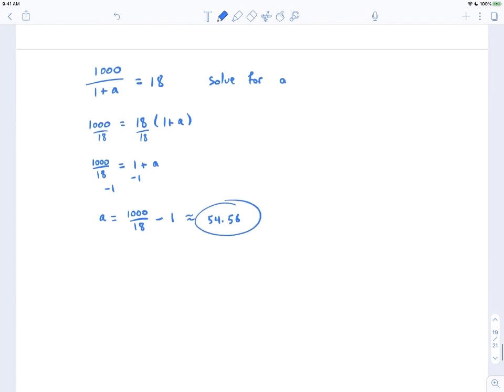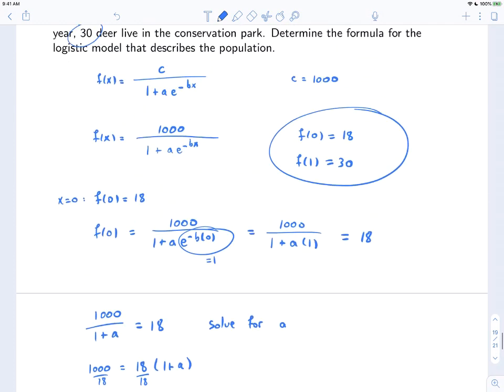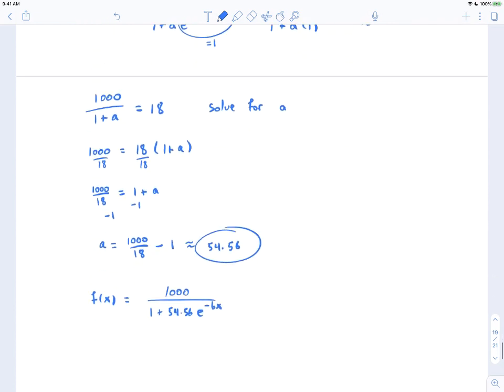That tells us that f(x) is equal to the carrying capacity, which is 1,000 divided by 1 plus 54.56 times e to the minus bx. Now we need to figure out what b is, but we still have 1 point. We have not yet used the fact that f(1) is equal to 30.